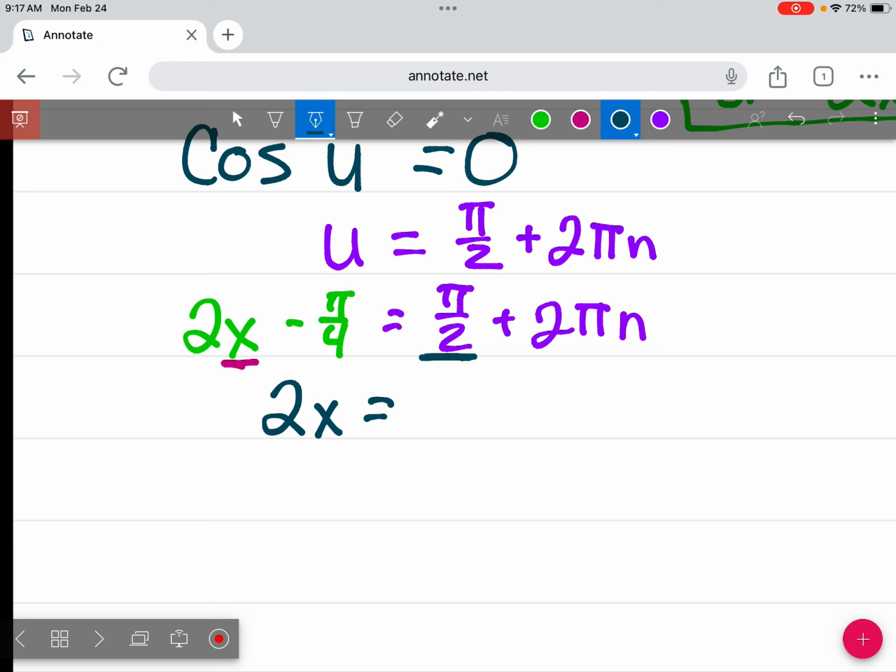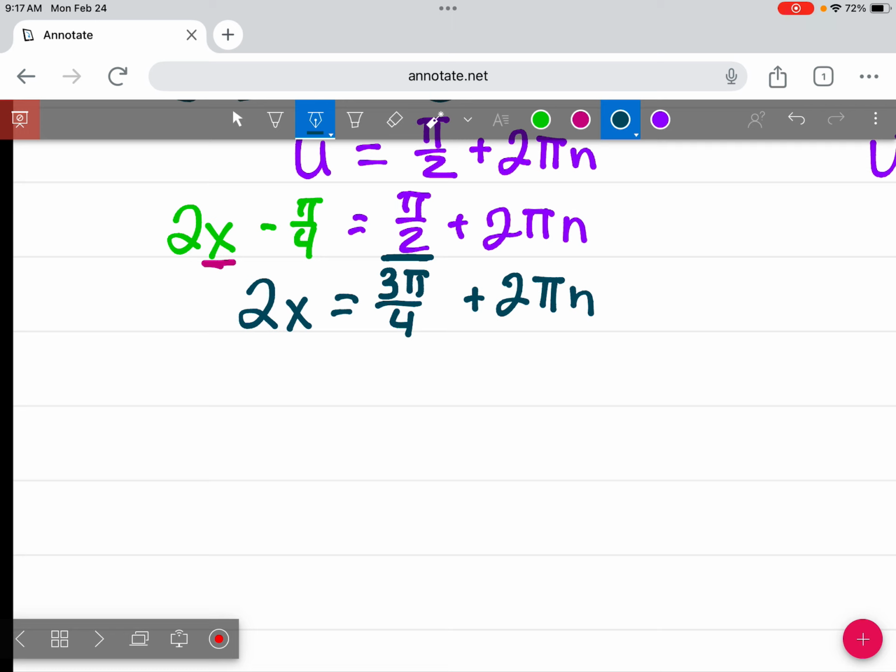So pi over 2 plus pi over 4 gives us 3 pi over 4 plus 2 pi n. And then we're going to divide by 2. We're going to get our x equals 3 pi over 8 plus pi n.